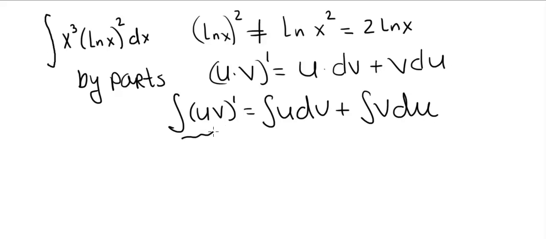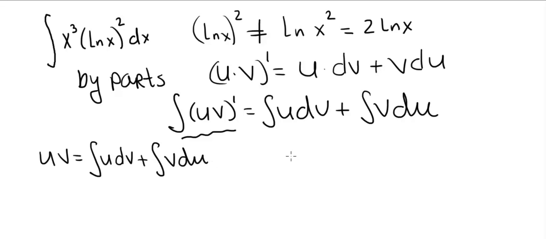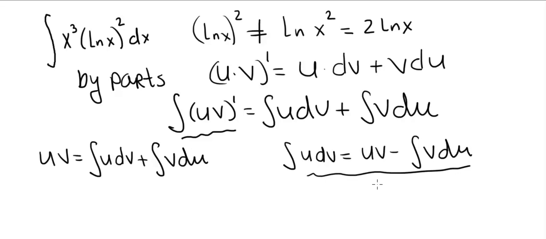By the fundamental theorem of calculus, the left-hand side is just u times v, and the right is the integral of u dv plus the integral of v du. I'm going to solve for the integral of u dv. It's u times v minus the integral of v du. This is the integration by parts formula.